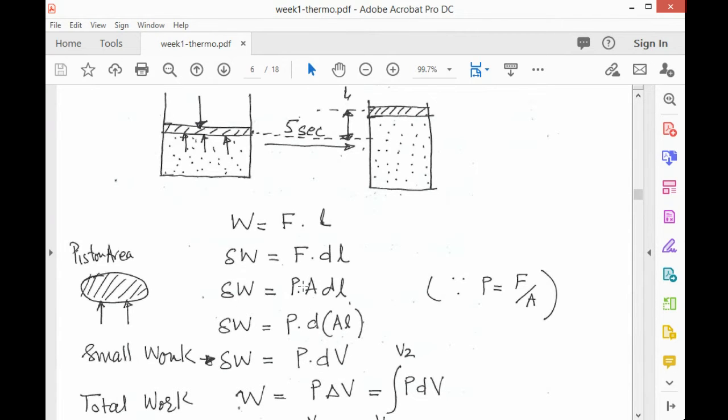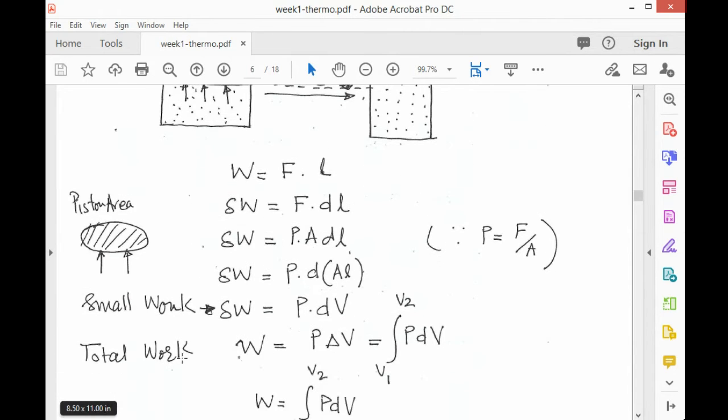So this area is constant, so area goes inside the derivative. P d(A l). Area times length is the volume, right? Meter squared times meter becomes meter cubed. So this is volume, and this is pressure. When we integrate, this goes away. This is small work, and this is total work.